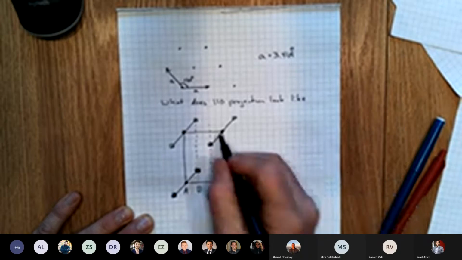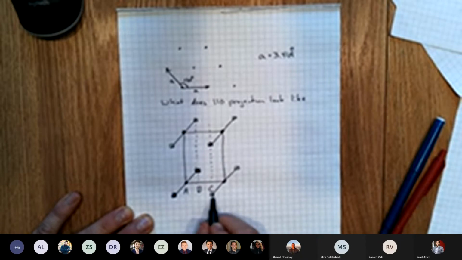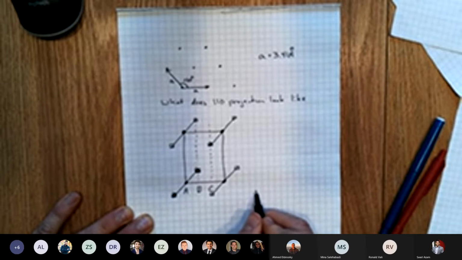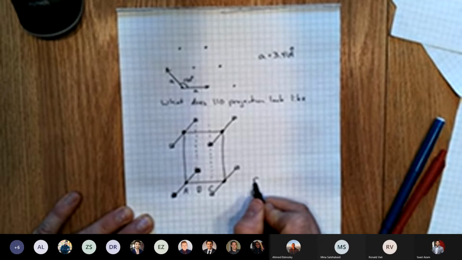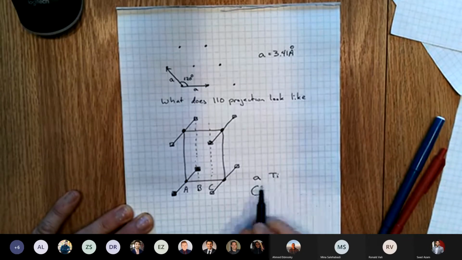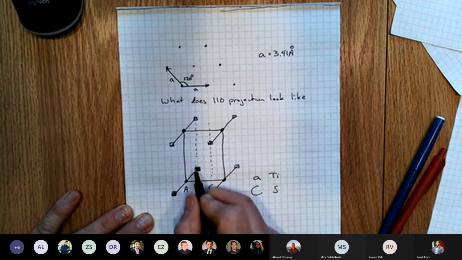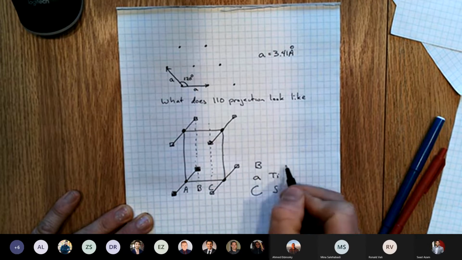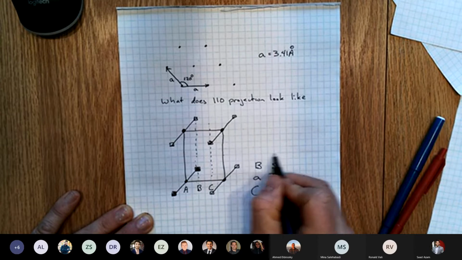If you want to describe this structure, this layer is a C, this layer is an A, and that's where titanium is. I use a capital letter for sulfur or oxygen, and a small letter for the transition metal. This one is B. And then there's nothing. This is where lithium can go.